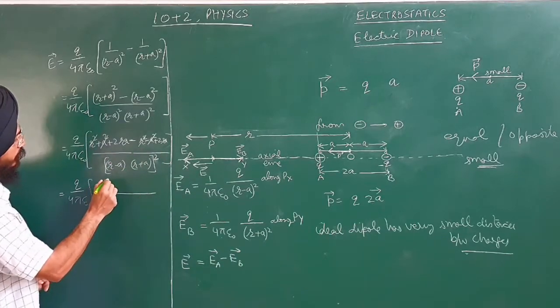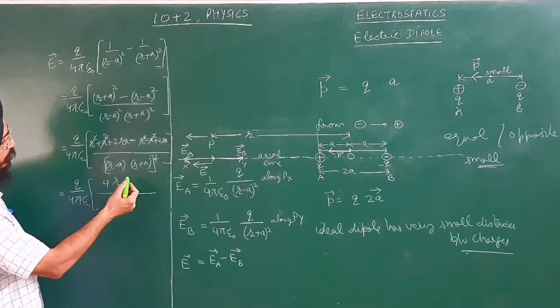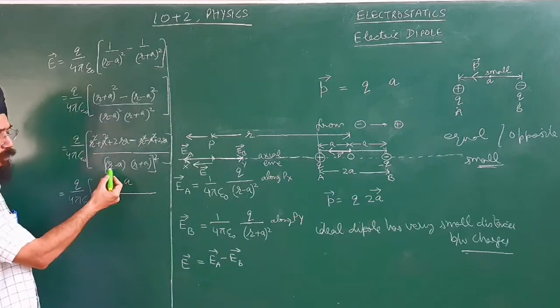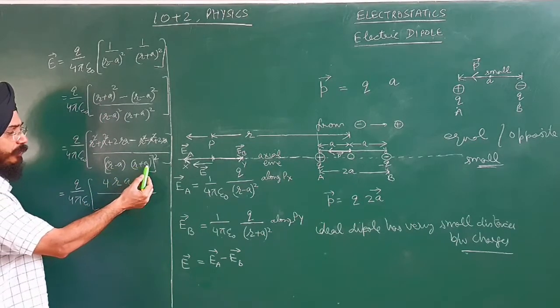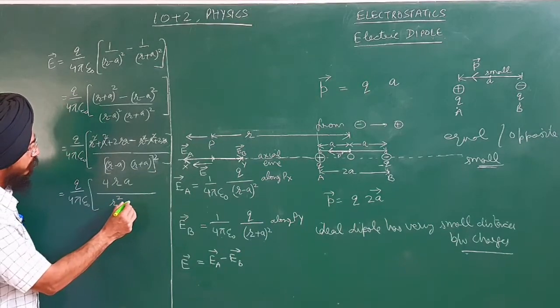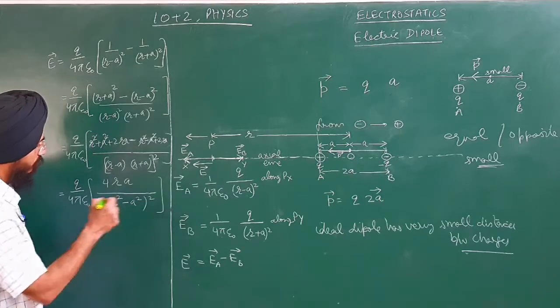So in the numerator it will be 4ra, and in the denominator you can see here a minus b into a plus b. This is a formula from where we will get r square minus a square whole square within the brackets.